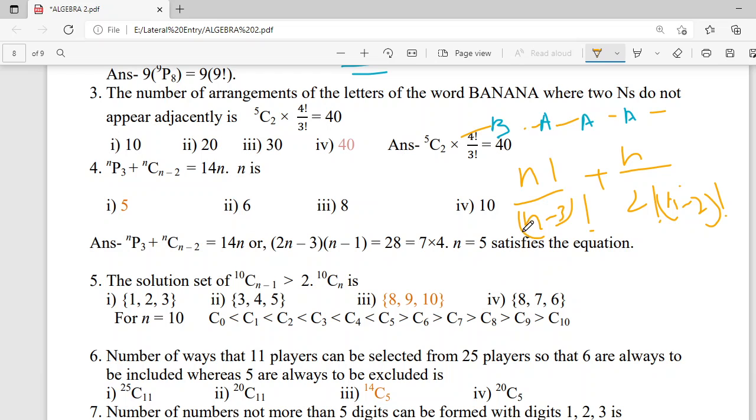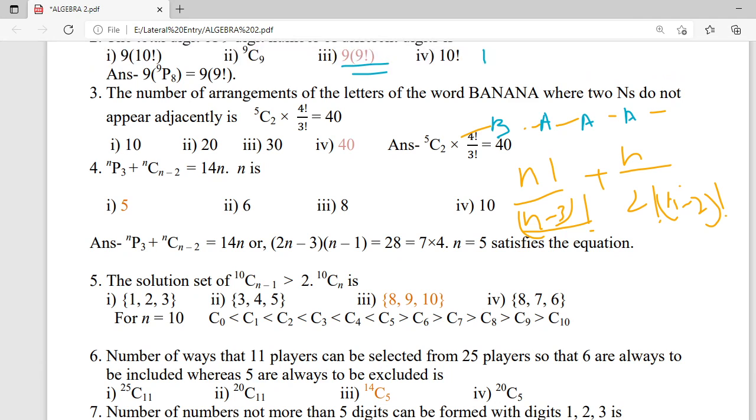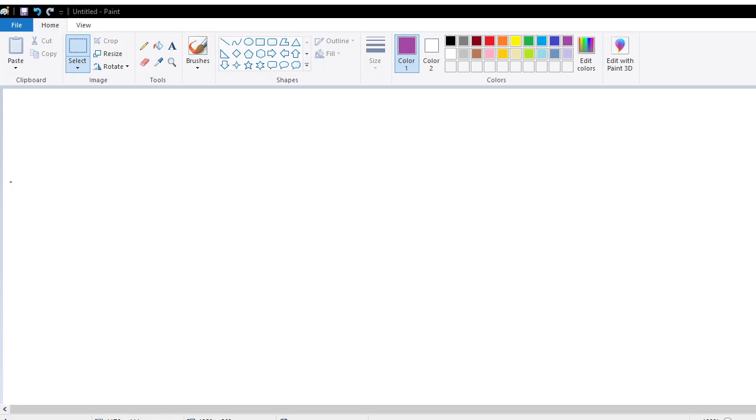So after simplification, n minus 3 factorial will cancel out and remains n into n minus 1, and this one, just do it. I am explaining this one.